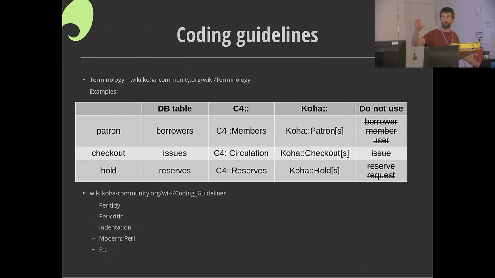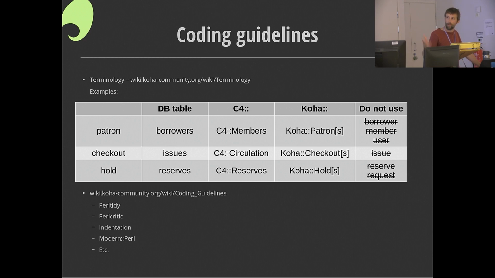This is the word we use on the interface, so we're trying now to use it everywhere, but the legacy code is still using the old wording. All this comes from differences between UK English, New Zealand English, and USA English. So we have decided now to stick to the wording they use in the USA. You have the same example with checkout and issue, and hold and reserve.